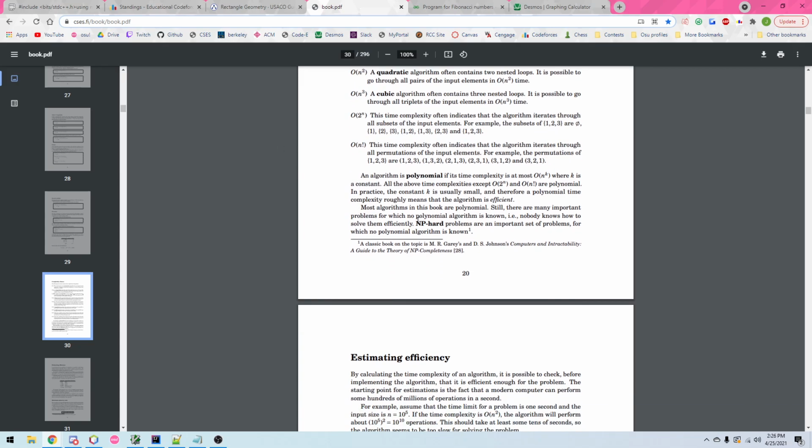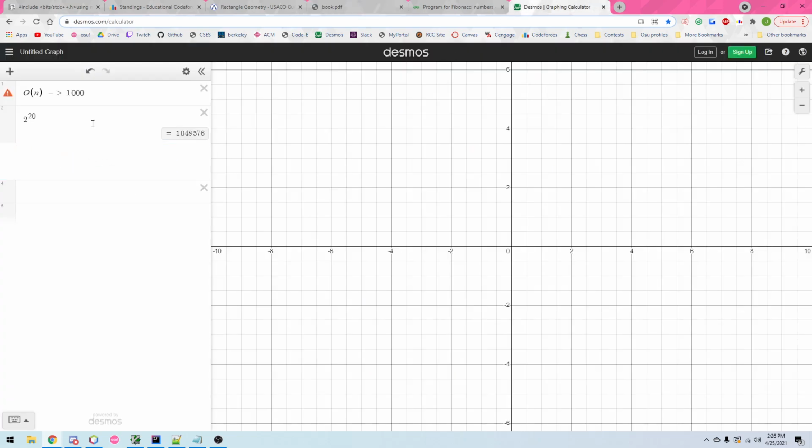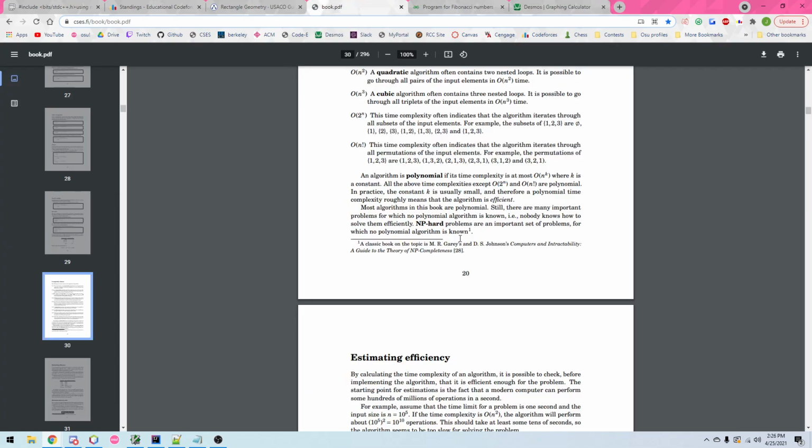And those are, in general, a lot faster than your exponential functions, such as 2 to the n. Because as we can see here, if you plug in something to 2 to the n, you start to get really big numbers really fast. Let's say you're plugging in 100 for n in 2 to the n, we're already getting 10 to the 30th. So our numbers scale really big when we have exponential time complexity.